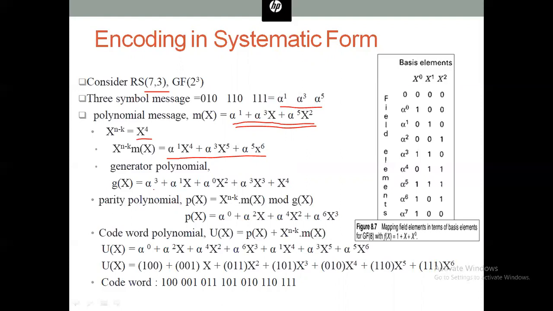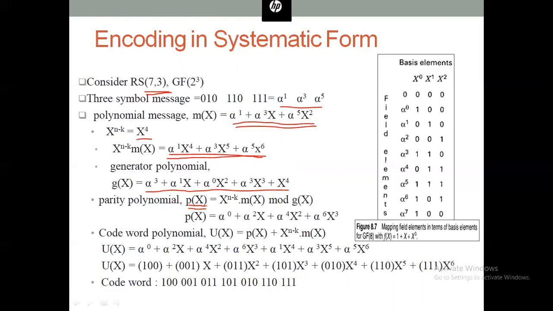Now the generator polynomial which we have calculated has four roots, and those are alpha, alpha square, alpha 3, and alpha 4. And we have generated this generator polynomial for this RS 7,3 code. Now for the parity, we divide the shifted version of the message by this generator polynomial, and we get the parity.